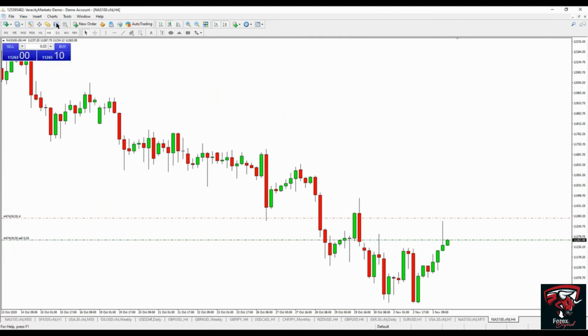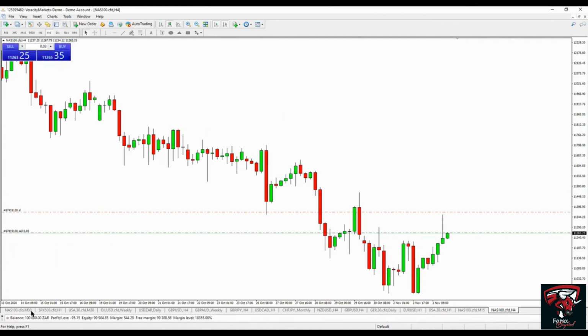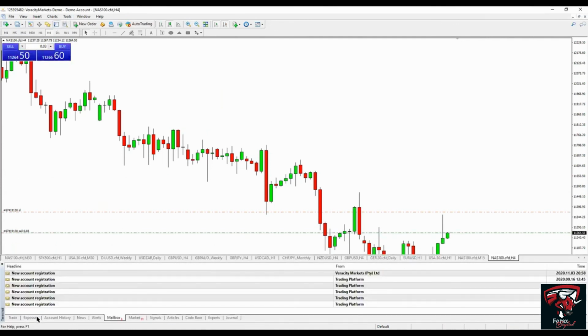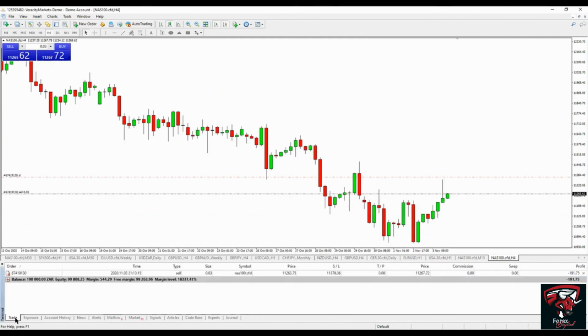Let me see. You go to your balance. It's already on minus 200 now. If you set your take profit, you just drag it wherever you need it to be. You understand? Now it's sitting on a minus because I just randomly placed it.